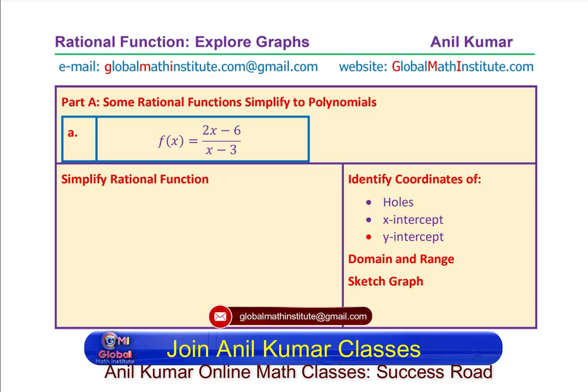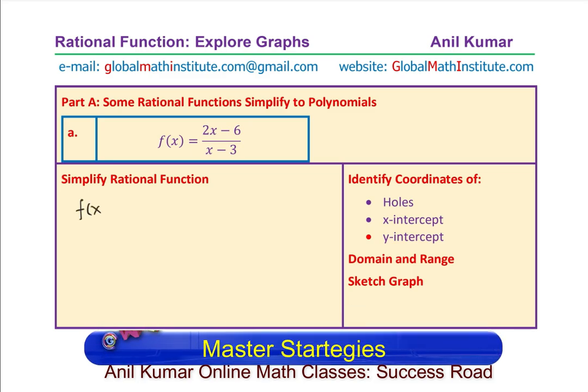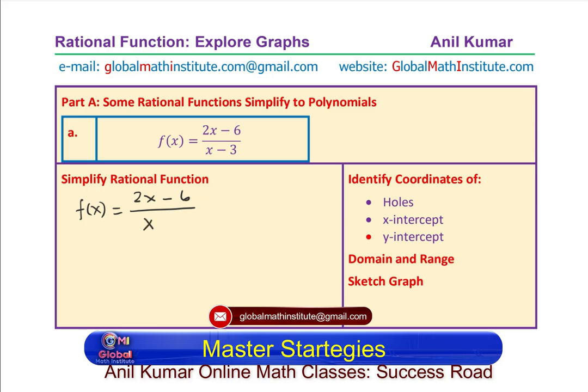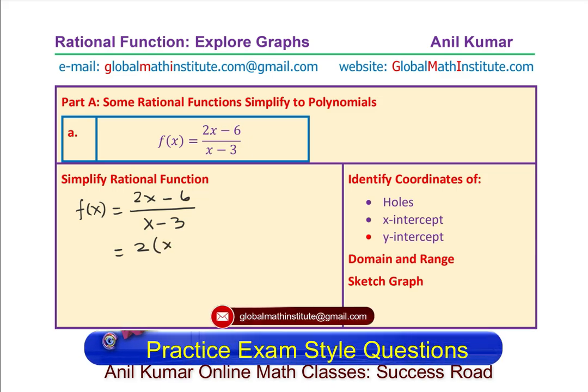Let's begin with the function itself, f of x equals 2x minus 6 over x minus 3. I can factor 2 from the numerator, which results in the other factor x minus 3. So now you see that we have x minus 3 in both numerator and denominator.